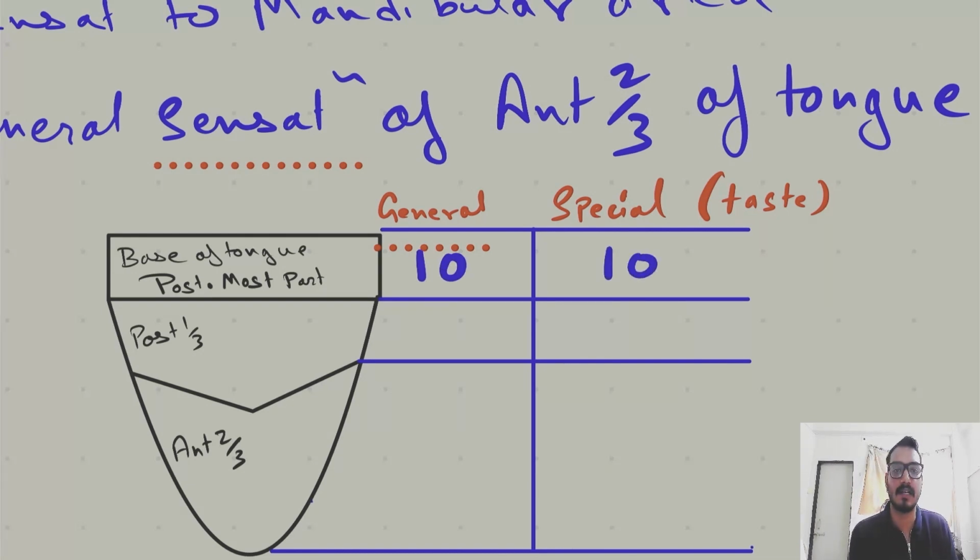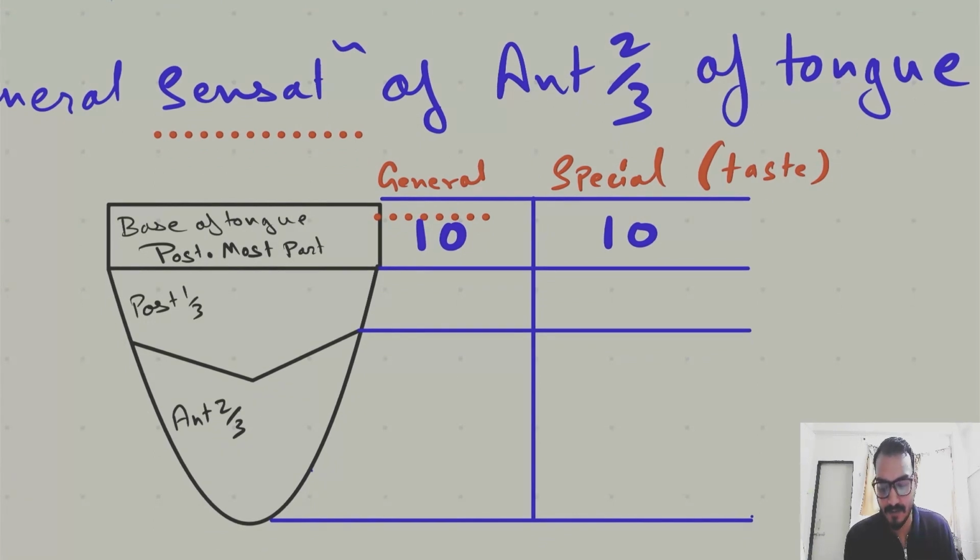The base of the tongue is supplied by cranial nerve number 10, that is the vagus nerve. It gives both general sensation and special sensation to the base of the tongue. Next is the posterior 1/3 part. Here, general and special sensation are both given by cranial nerve number 9.